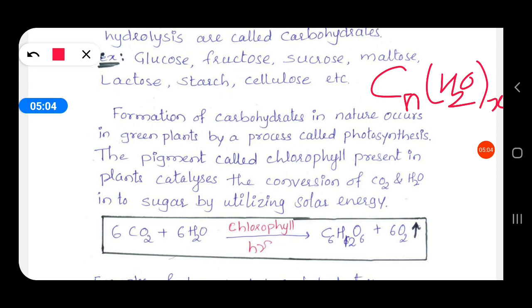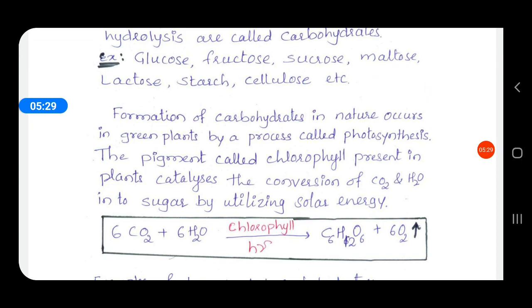There are a number of carbohydrates present. The definition also says polyhydroxyaldehydes or polyhydroxyketones, or the compounds which give these polyhydroxyaldehydes or polyhydroxyketones on hydrolysis. So there are a vast number of carbohydrates present in nature.